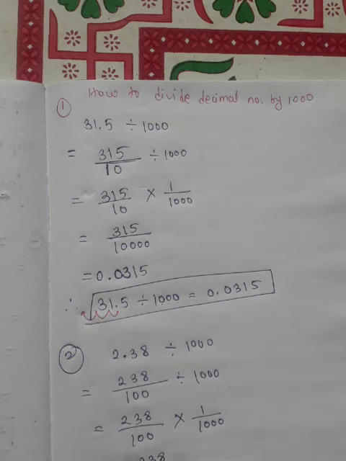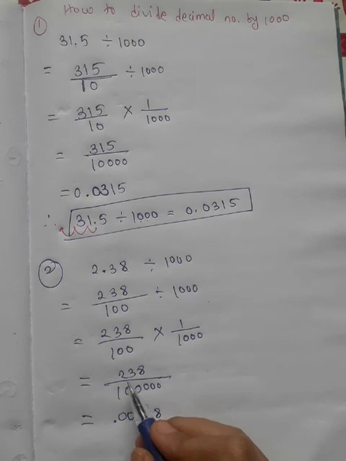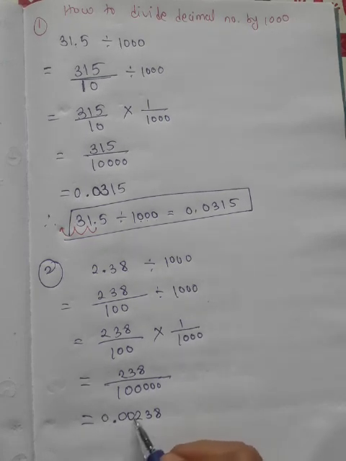And there are only 3 digits, so 1, 2, 3, 4 and 5, and put the point there. If there are no digits, write 0.